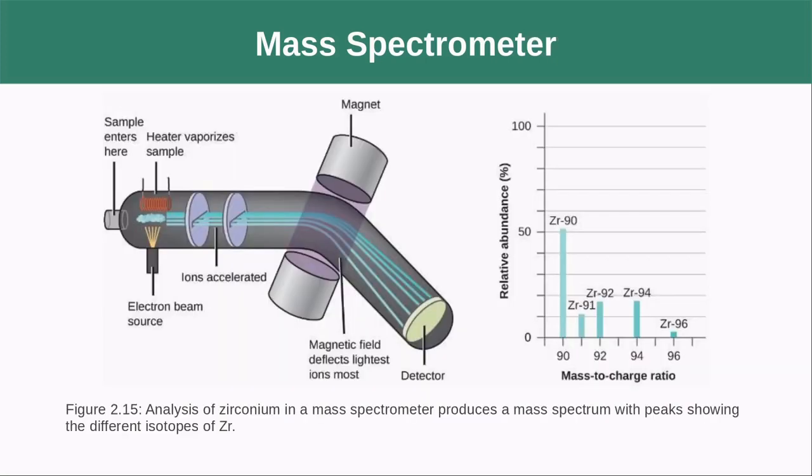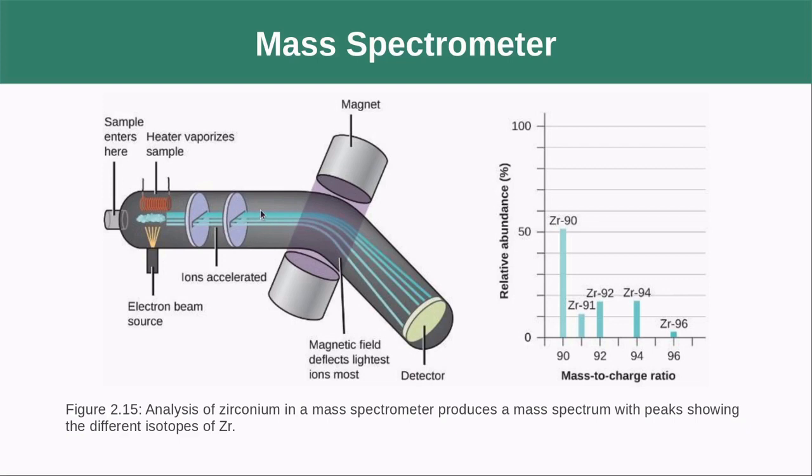So here's an example here. We start off with our sample and we heat it, and then we hit it with this electron beam and we get it all good and ionized, and then we have these electrodes here that are going to accelerate it out as a coherent particle beam, and then we deflect it with the magnets, and then it hits the detector, and depending on where it hits on this detector we can tell what the mass is here.